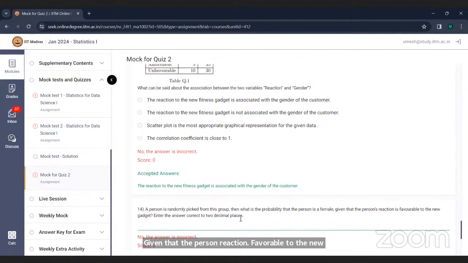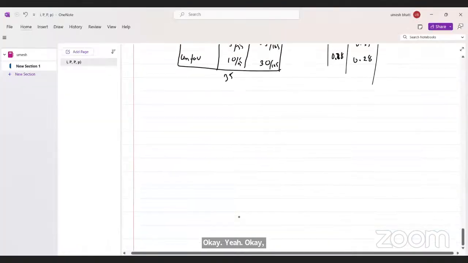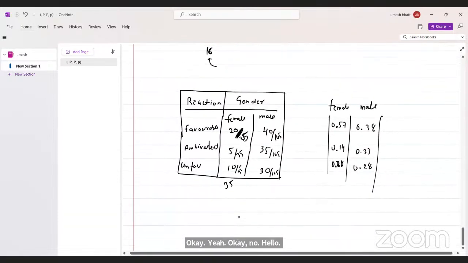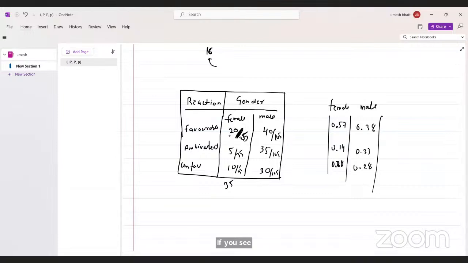So we have to find the conditional probability that the person is female given the reaction is favorable. So what is the probability if you see the person is female?